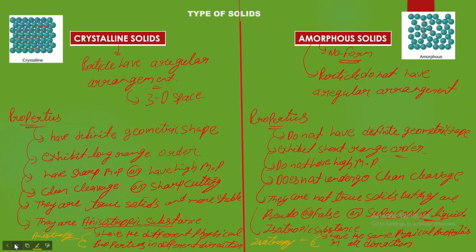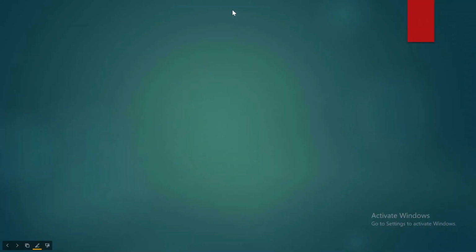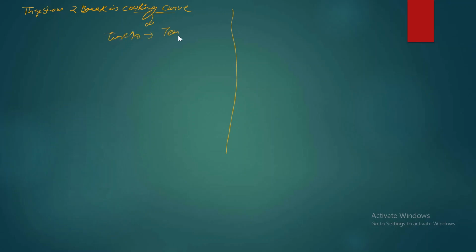Now the next property is that crystalline solids show two breaks in the cooling curve. What is a cooling curve? A cooling curve means that with the increase of time, temperature decreases.